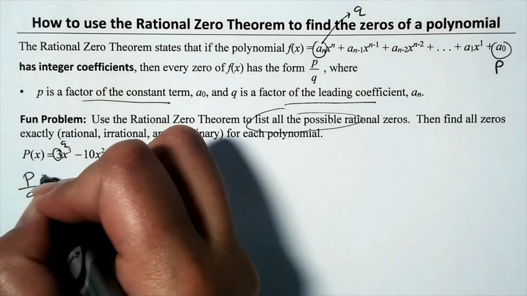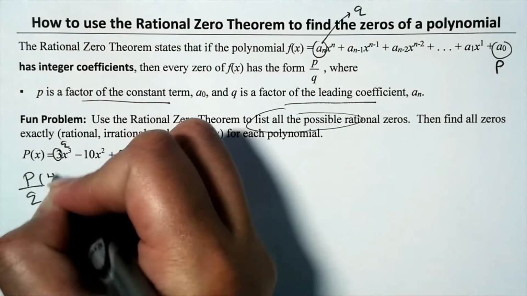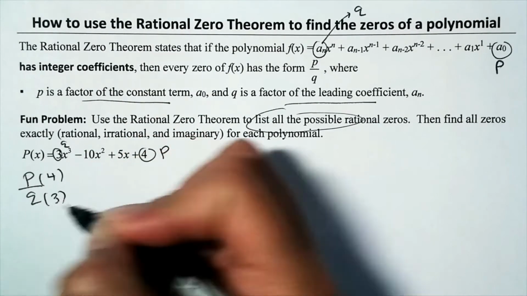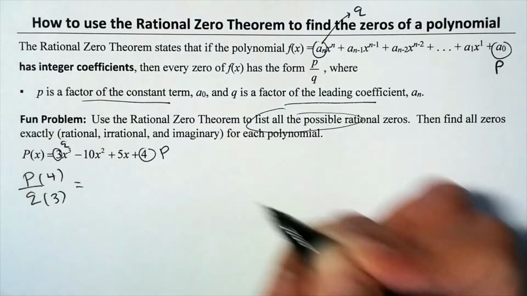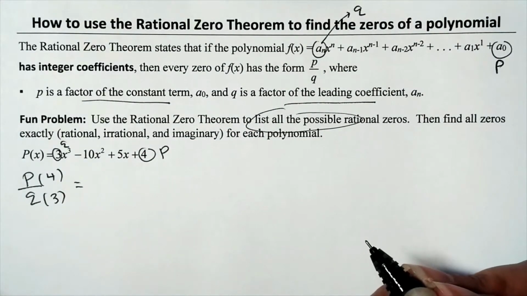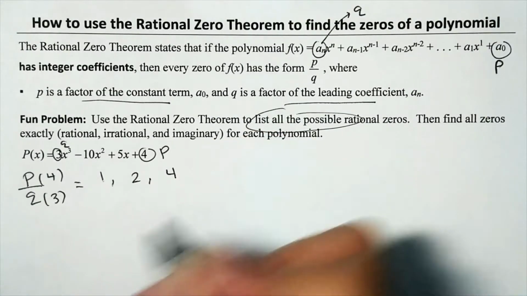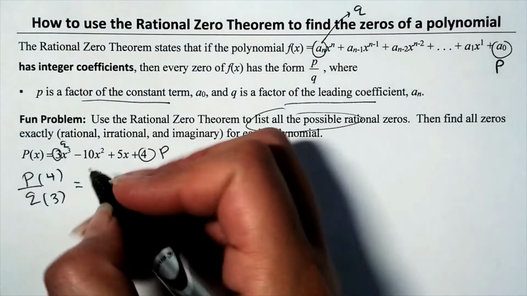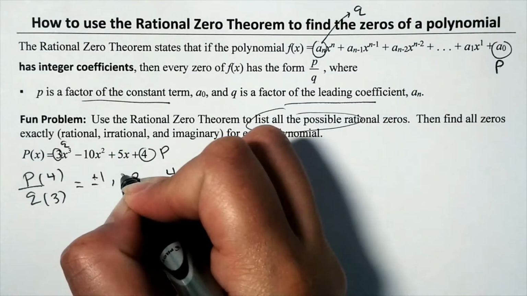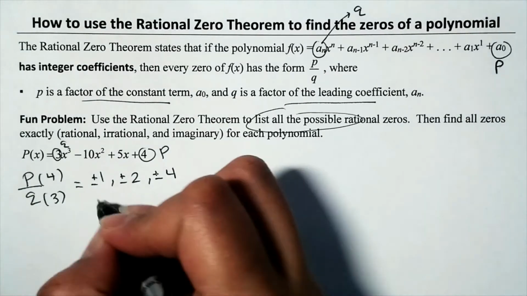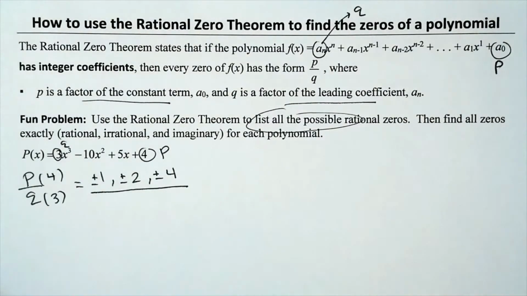So we want factors of the constant term, namely 4, over q, which is factors of the leading coefficient, which is 3. The integer factors of 4 are positive or negative 1, positive or negative 2, positive or negative 4. And that's all over q, factors of the leading coefficient.